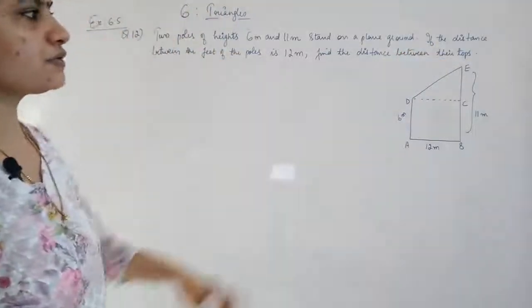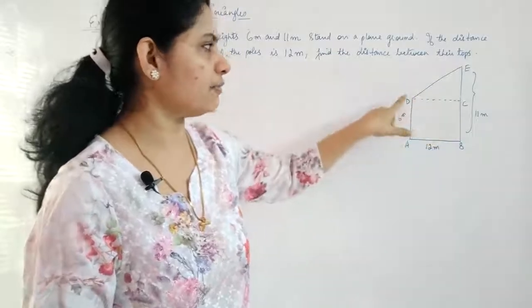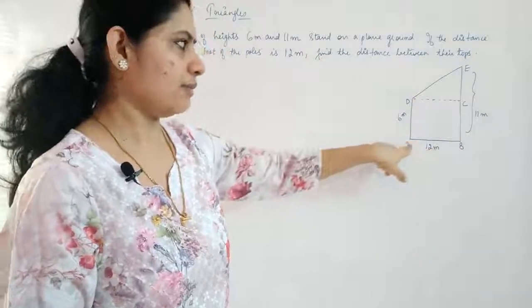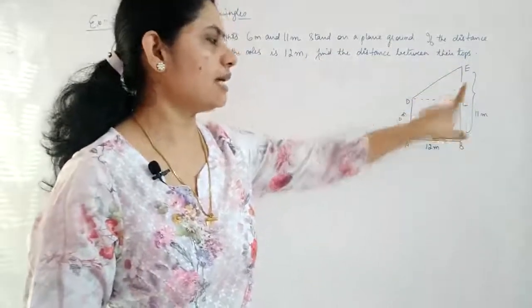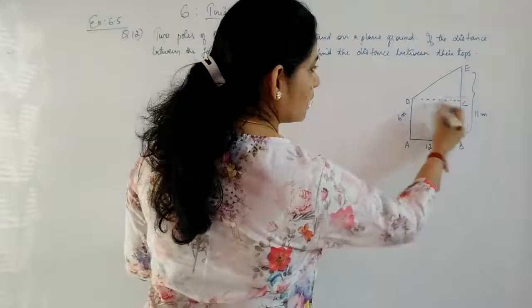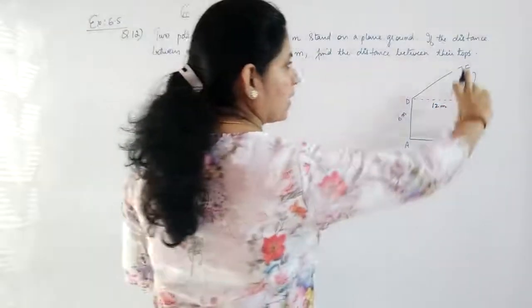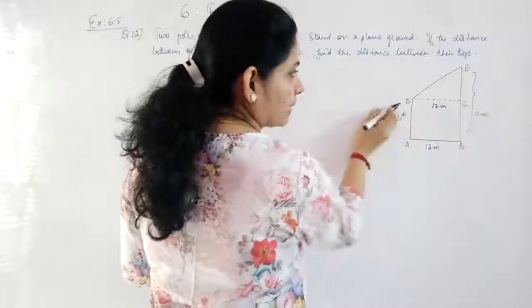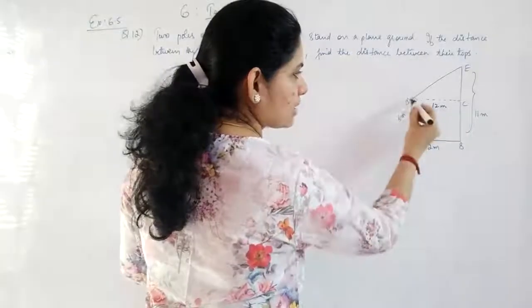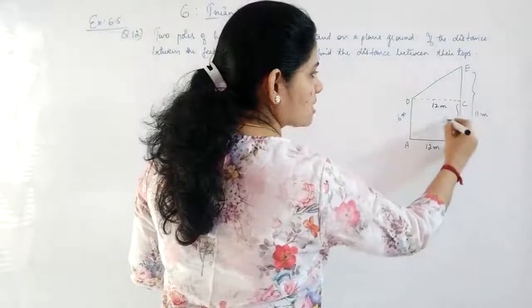For that, we first take a line from D parallel to AB so that it touches BE at C. Now you can see in the figure that since this is parallel, you will get this as 12 meter. Again, the total length is 11, and this length will be the same as AD, which is 6 meter.